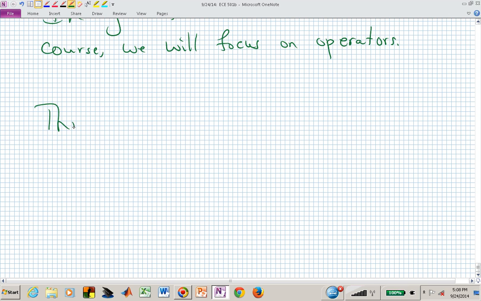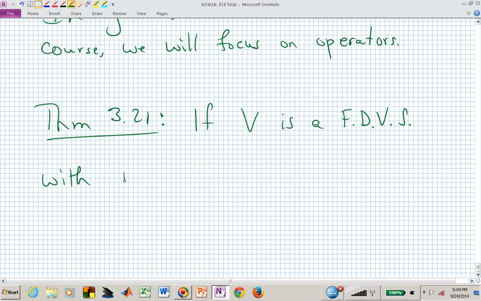Let's look at Theorem 3.21. If V is a finite dimensional vector space with T being a linear operator, now we're mapping from the domain back into itself.